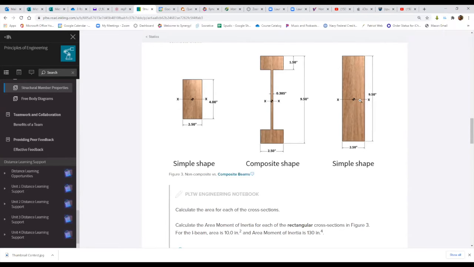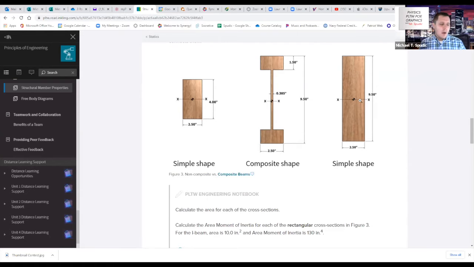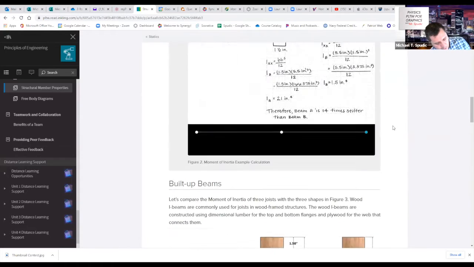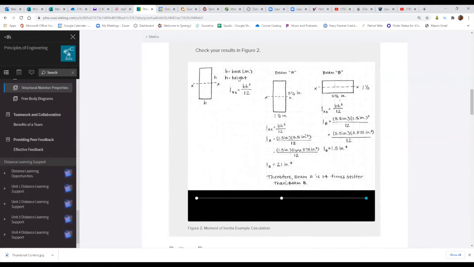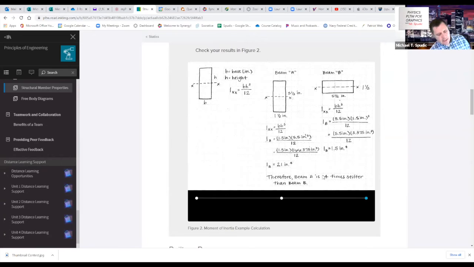Mr. Spudik, I have a question. Yes, Roop. When you get the inertia for two shapes, do you just subtract them and see how big of a difference it is? Are you talking about up above when you're comparing these two? Yeah. Moment of inertia tells you how stiff an object is. A higher moment of inertia means higher stiffness, but they just divided them there.